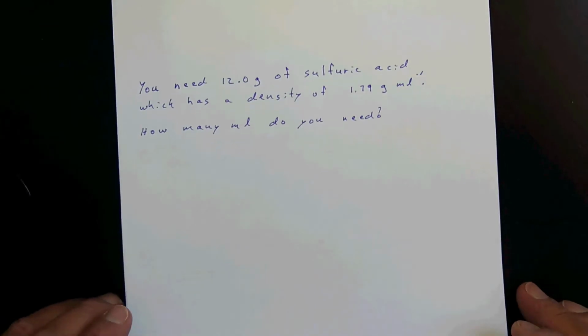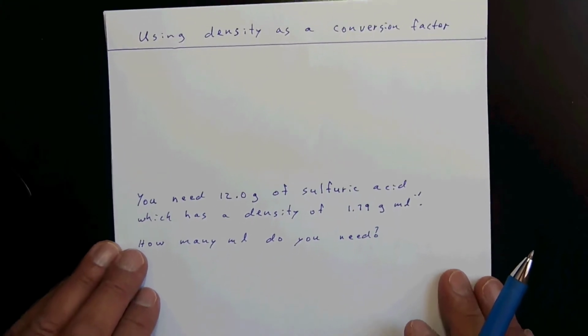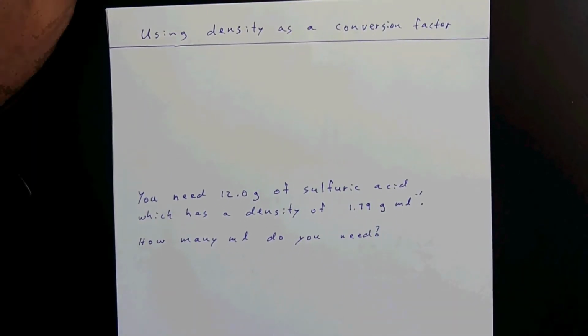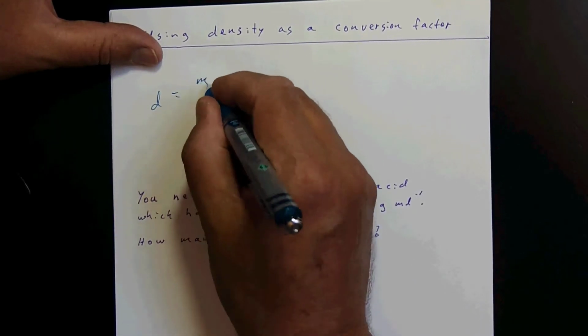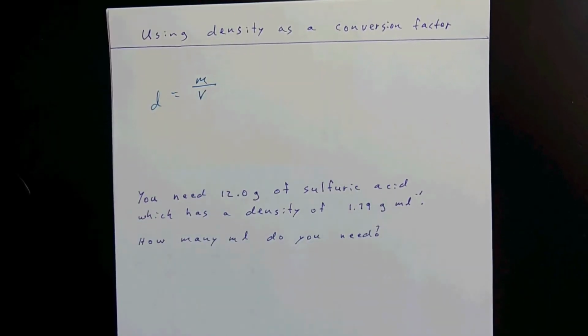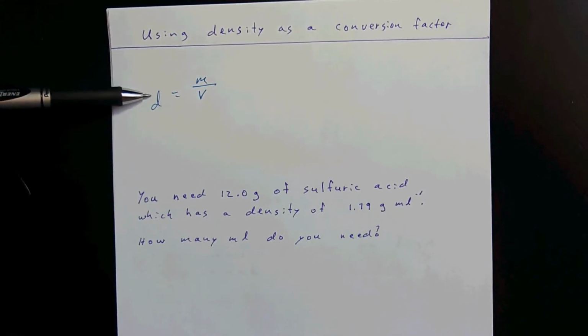Another big concept with density is that density can be used as a conversion factor. Now, density, of course, is mass over volume. This is an algebraic expression with 3 terms. If you know 2 of them, you can find the third one.